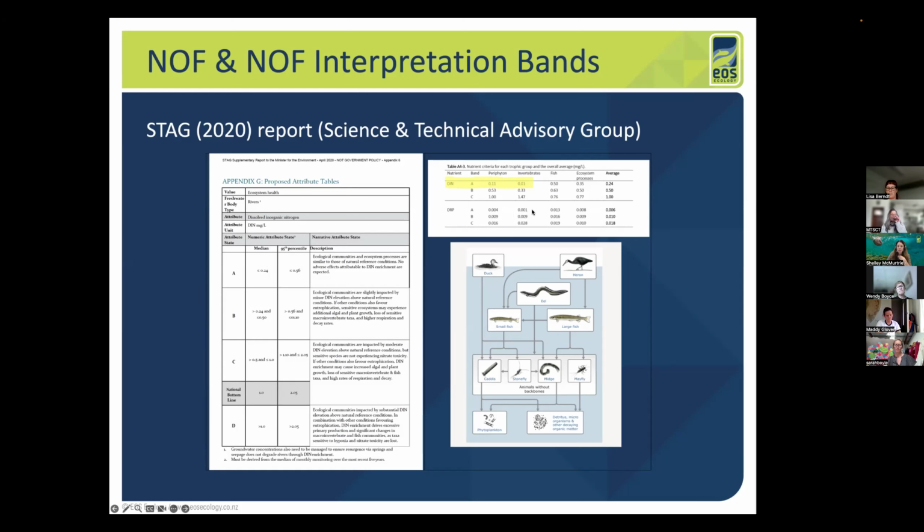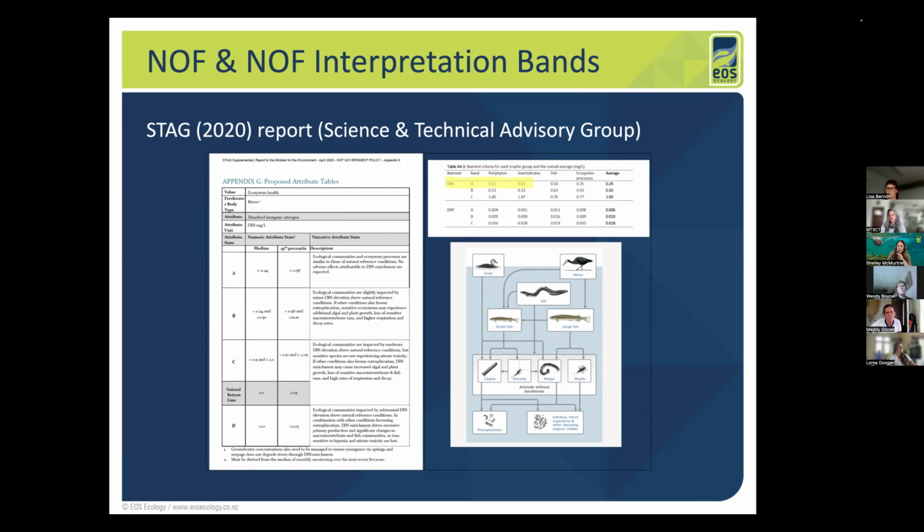The same deal with dissolved reactive phosphorus. You can see that invertebrates are actually more sensitive to DRP than periphyton, than fish. And so when you're looking at these average values, you lose a lot of that information about what's going to get hit by these changes earlier than other things.